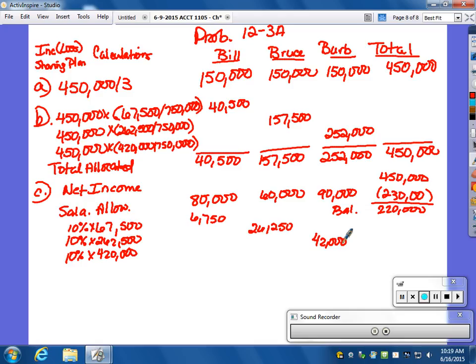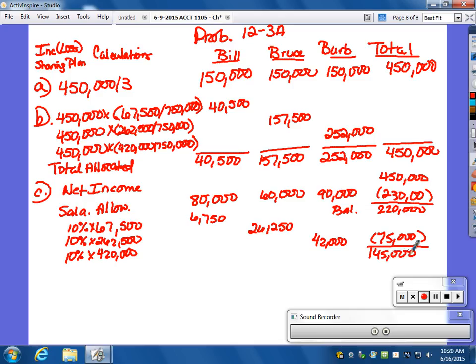Bringing all of these over, what is the total to be subtracted? 6,750 plus 26,250 plus 42,000 is $75,000. And when you subtract that, how much is left? 75,000 from 220,000. 145,000. And how is that 145 going to be distributed?